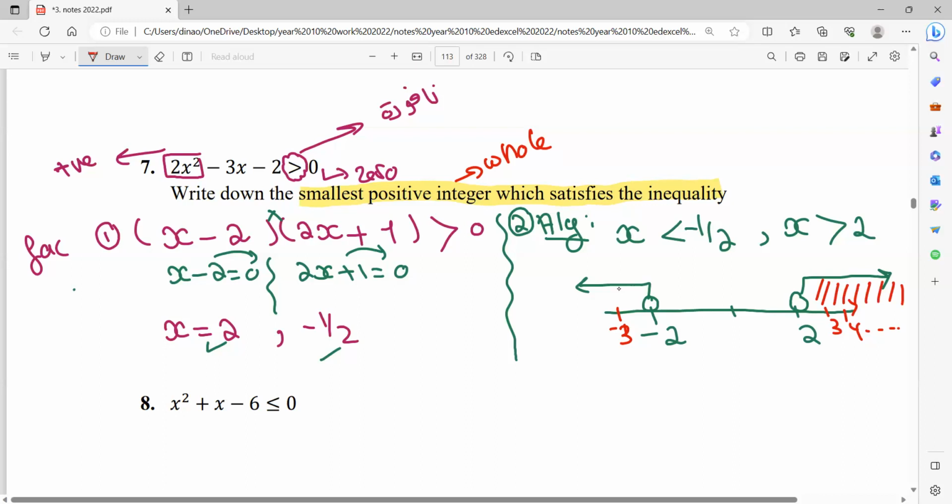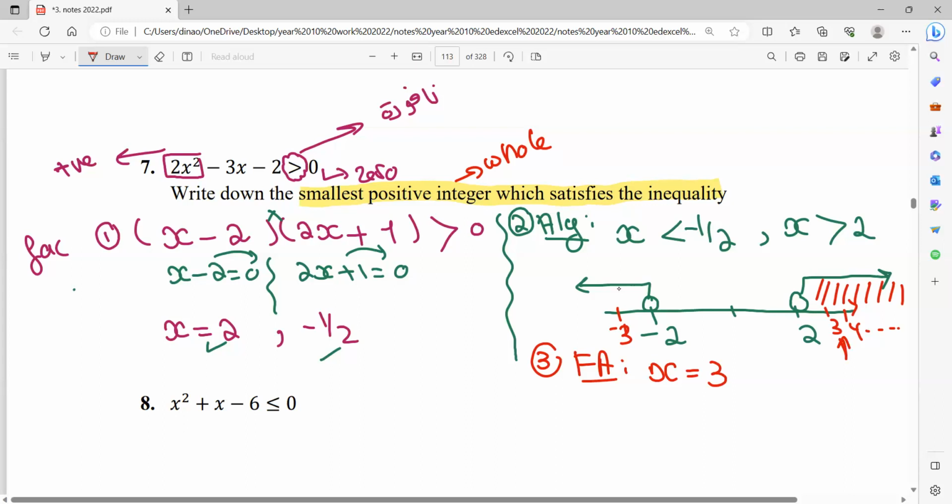No, it doesn't work. Why? Because the 2 has no equal. It is not a shaded part, because the 2 has a hollow circle, so I cannot say that the smallest integer is 2. So the final answer over here, the smallest integer that the examiner is talking about is 3. The smallest positive integer, which is 3.